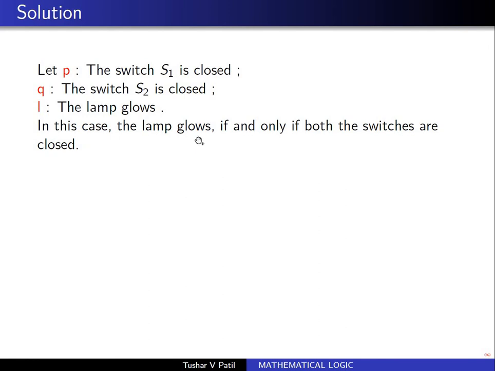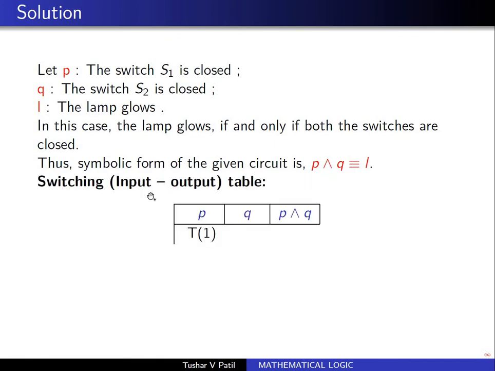In this case, the lamp glows if and only if both the switches are closed. The symbolic form of the given circuit is P conjunction Q, because here the switch S1 is closed and the switch S2 is closed. That's why we use the logical connective AND, conjunction.